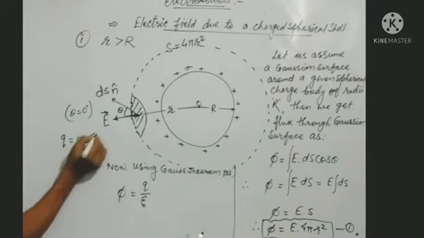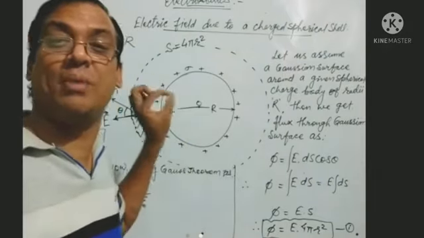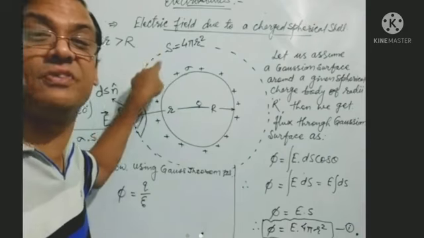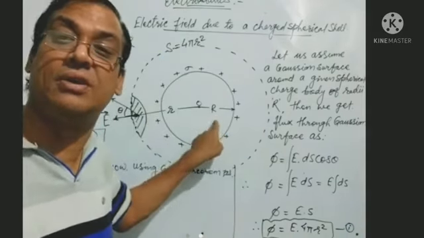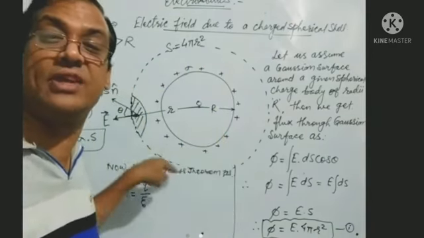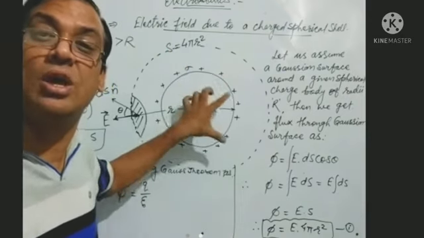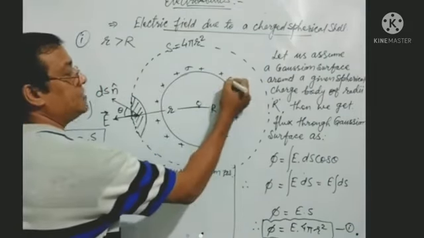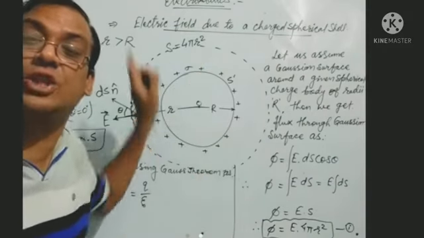sigma into S. But students, you must be aware of one thing, that this surface area and that surface area are different. It will have the radius capital R, although the Gaussian surface has the radius small r. So now we are talking about the enclosed charged body, and that's why its surface area must be taken as S dash, which is different from the Gaussian surface.